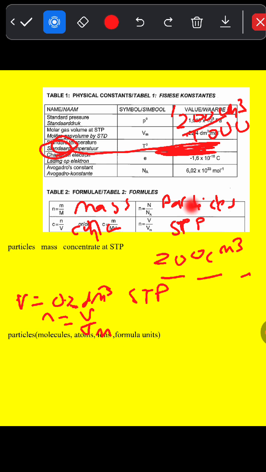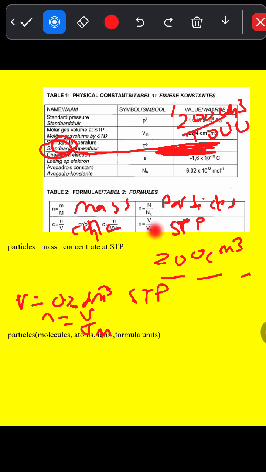When they mention particles, particles can be molecules, atoms, ions, or formula units. When they mention that, then the formula is this one. So we are going to use these two formulas. First of all, I'm going to get the number of moles using this formula.